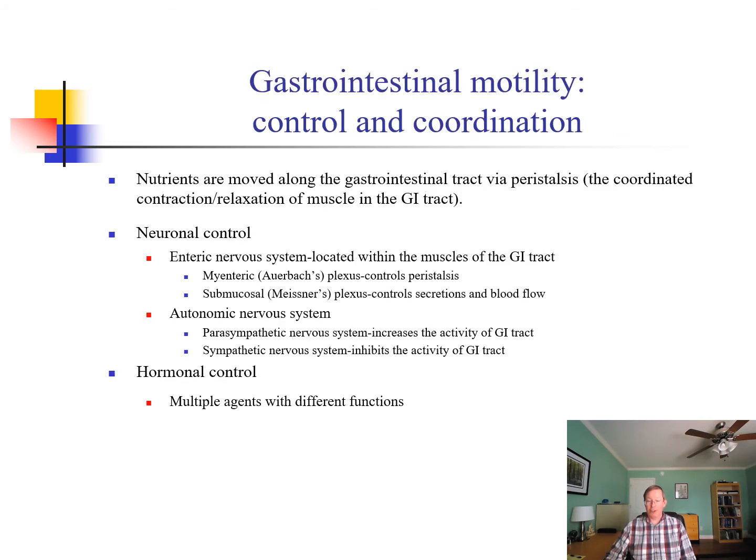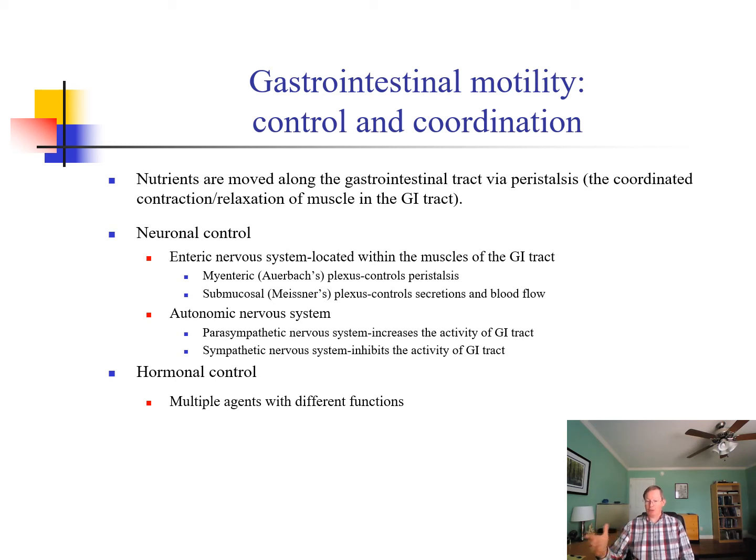Now, as I've mentioned a few times, these coordinated movements of peristalsis are under both neurologic as well as hormonal control. I have a general control in the autonomic nervous system. We've talked in the past about the parasympathetic and sympathetic nervous system.